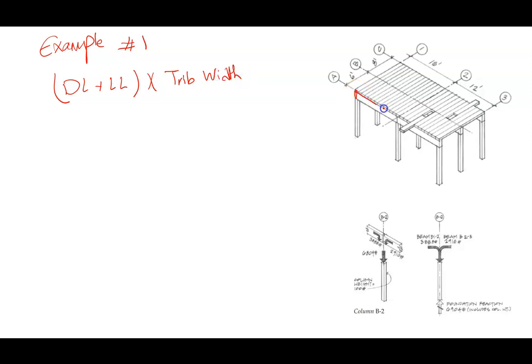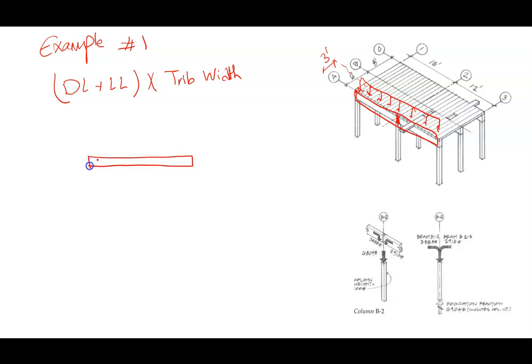For example, for loads on beam A, tributary width is half of the distance between A and B, which will be 3 feet. So our total dead load and live load times tributary width gives us the load that we have transferred from the area to the beams.